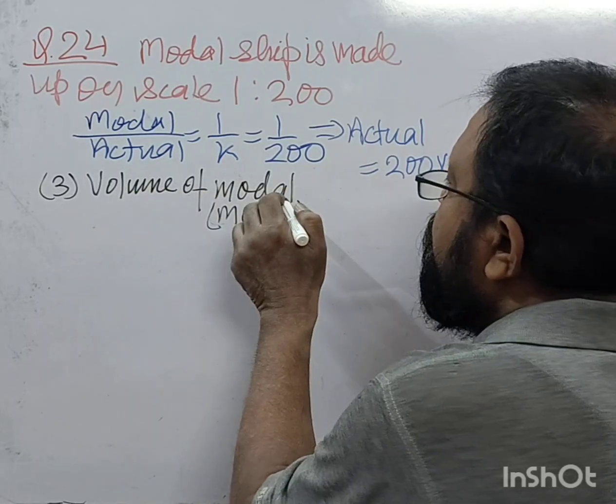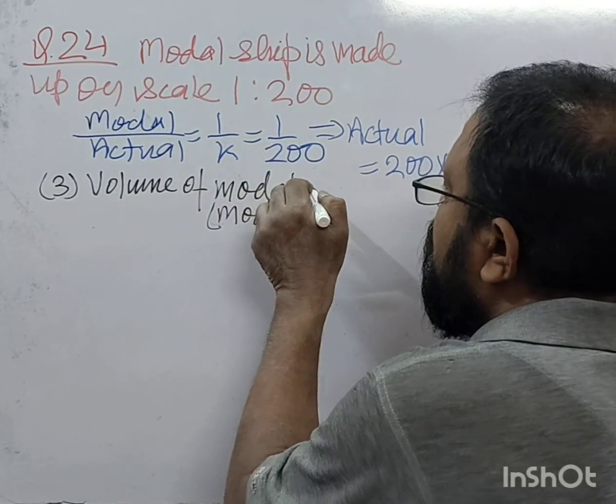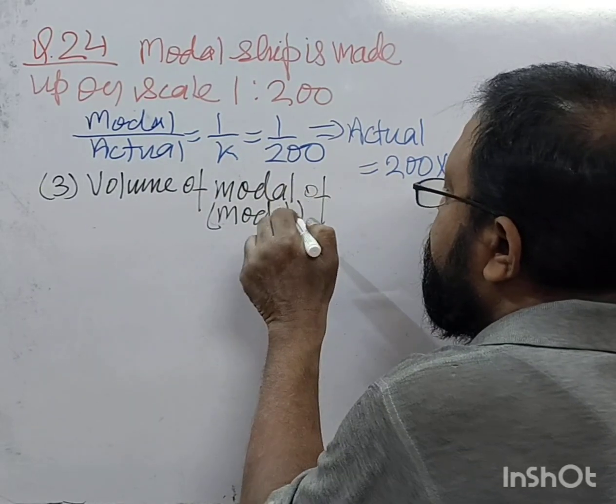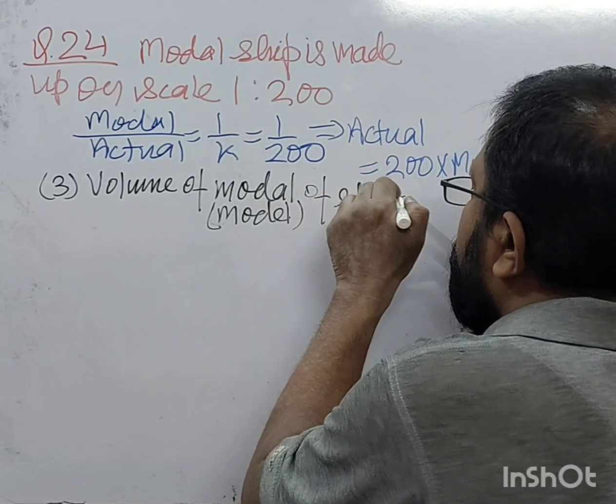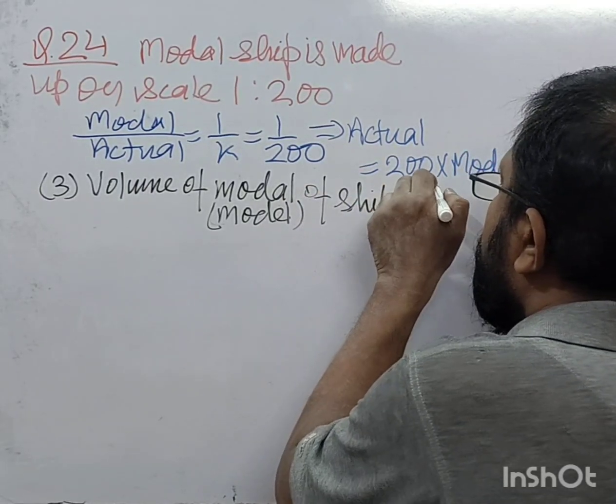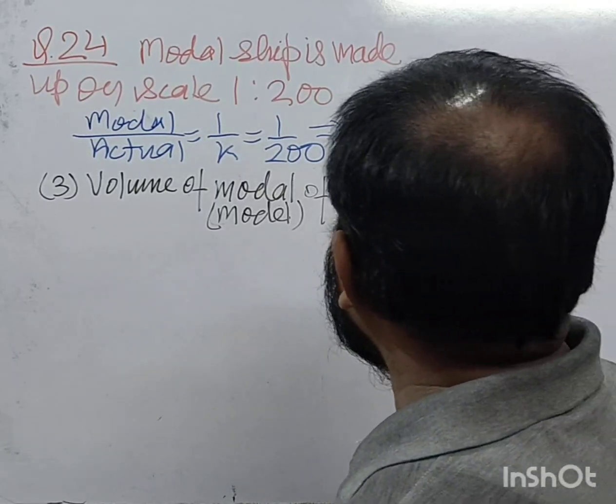So the volume of model of ship is equal to k cube.